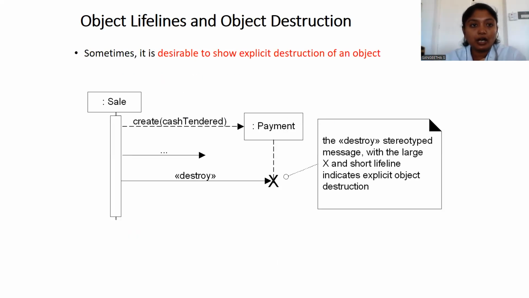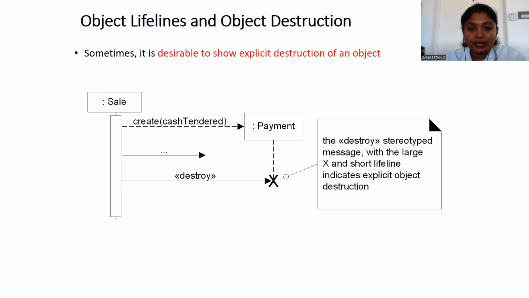Next one, object lifelines and object destruction. Object destruction is nothing but the end of an object's lifetime. Here we see the diagram. There are two objects called sale and payment, and there are two lifelines. You see the lifeline of the object payment.